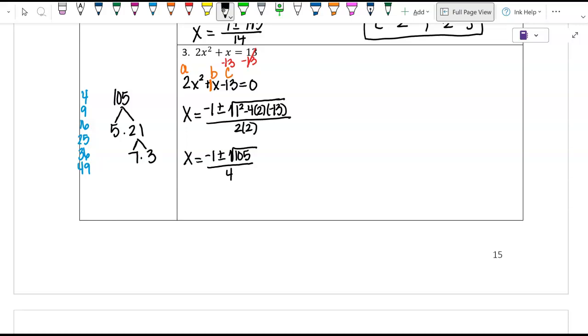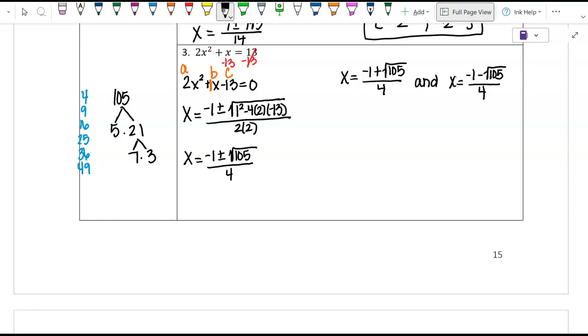So honestly, from that point there, we get x equals negative 1 plus the square root of 105 over 4, and x equals negative 1 minus the square root of 105 over 4. There's nothing to reduce there. We already have 2 1s and a 4.